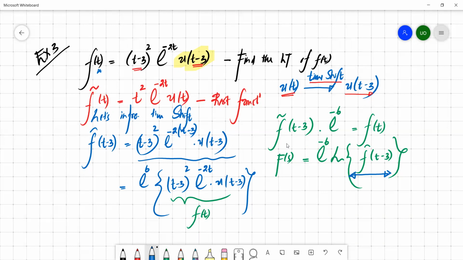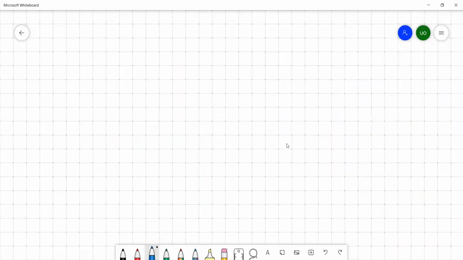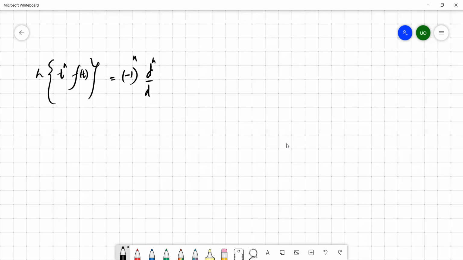There's a property you can find: the Laplace transform of t to the power n f(t) is equal to minus 1 to the power n times the nth order derivative of the Laplace transform of f(t).